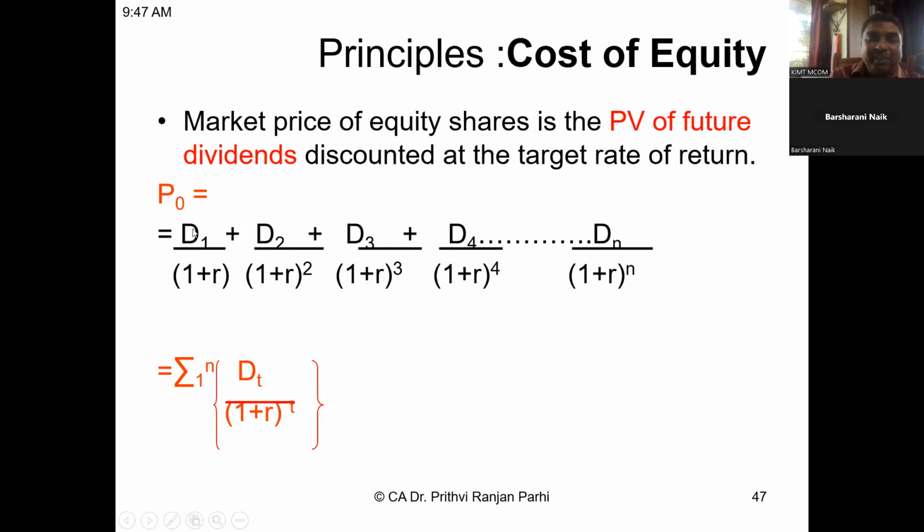Suppose the company is paying dividend at the end of year one. D1 means dividend at the end of year one, D2 means dividend at the end of year two, D3 means dividend at the end of year three. So these are the dividends paid till DN. Because the company doesn't die, the company lasts forever, dividends will be paid forever.